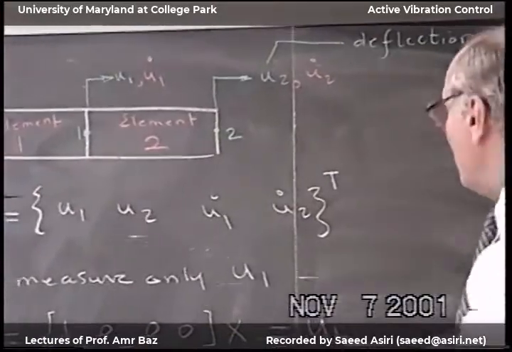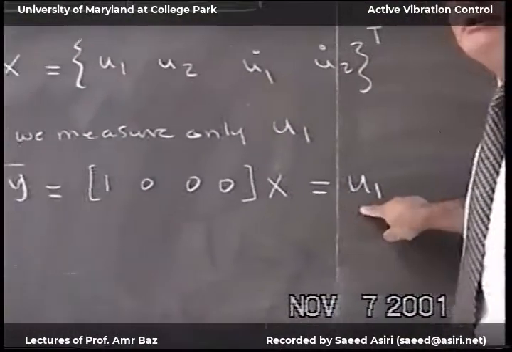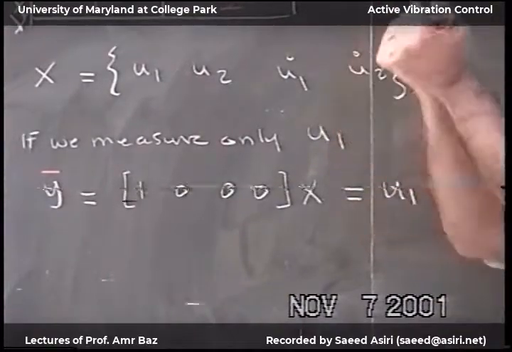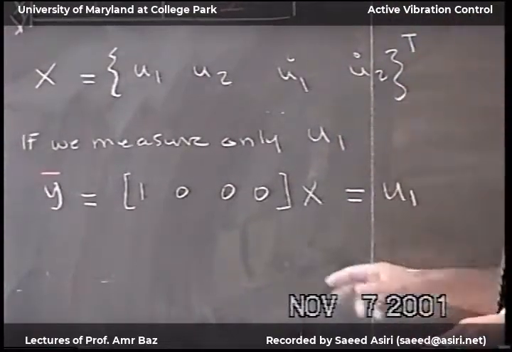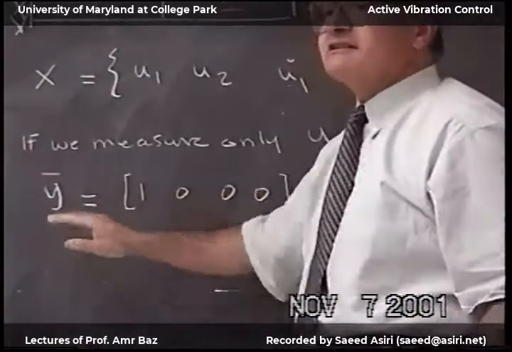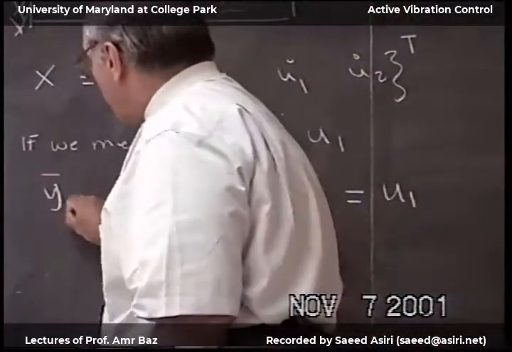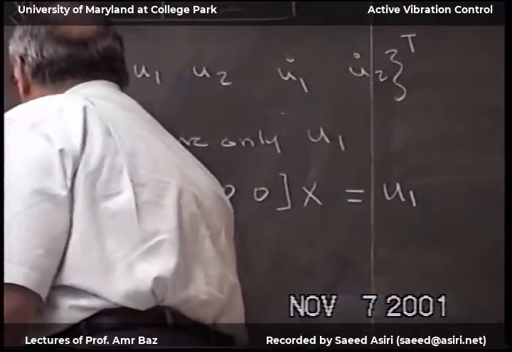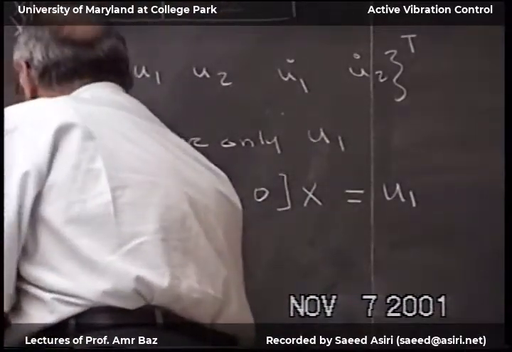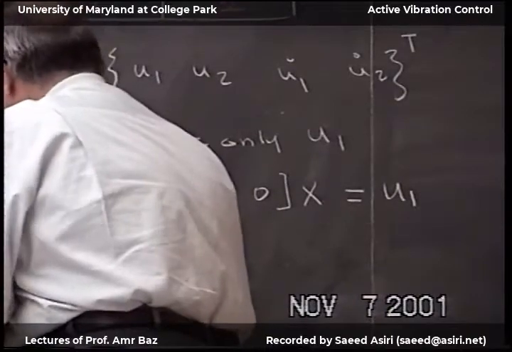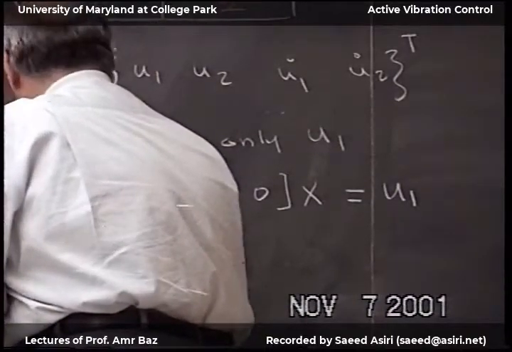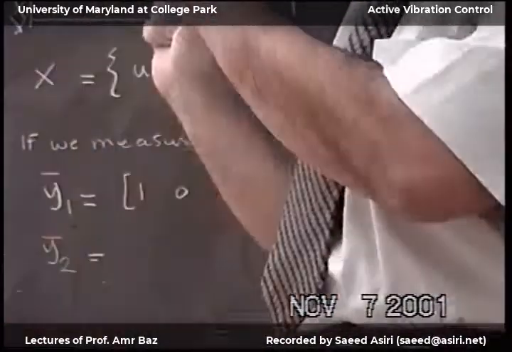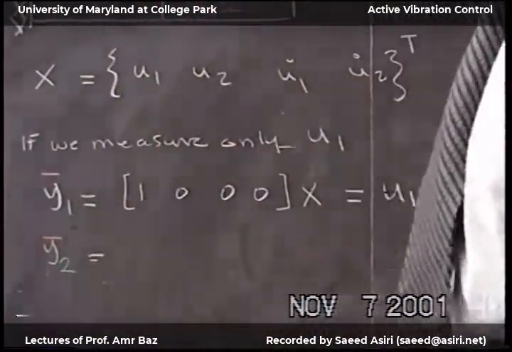Now I don't want this only. I want also how much control effort I put as an output. So I'm not going to make my Y like this. I'm going to make this Y1, and I want to get also Y2 bar, which is equal to my control effort.